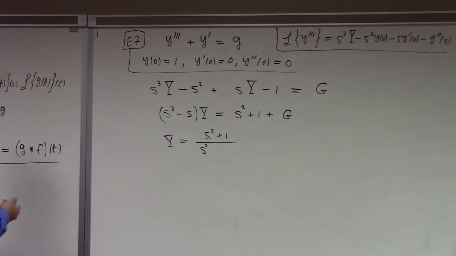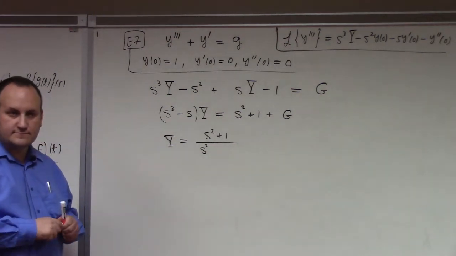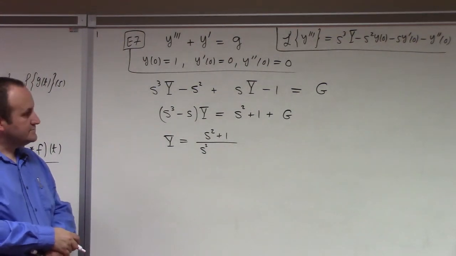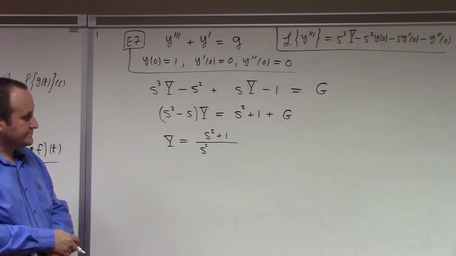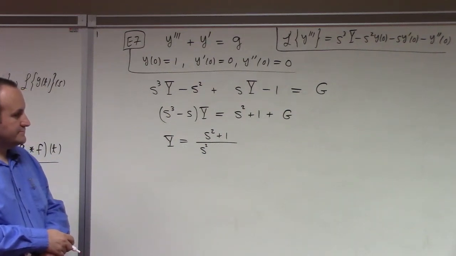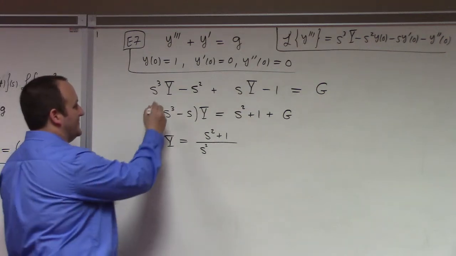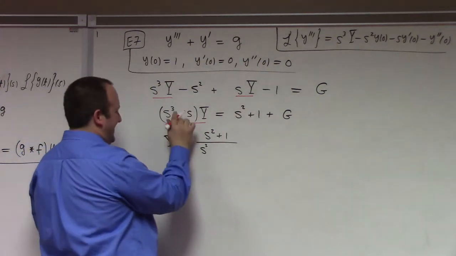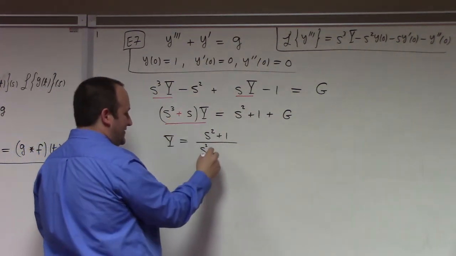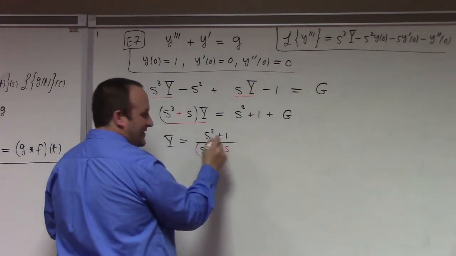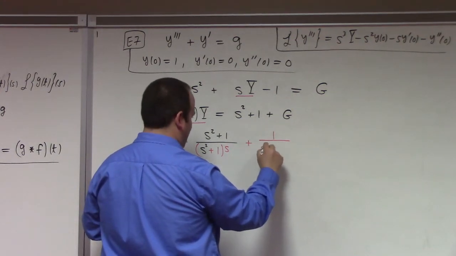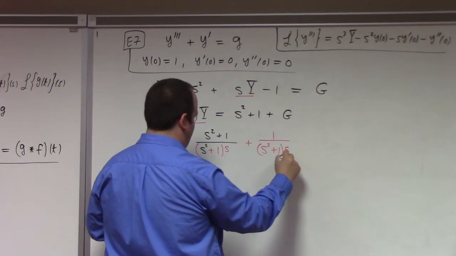What is my mistake? Yes, that really matters because when I factor, this is s squared plus 1 times s, right? And then plus 1 over s squared plus 1 times s times big G.